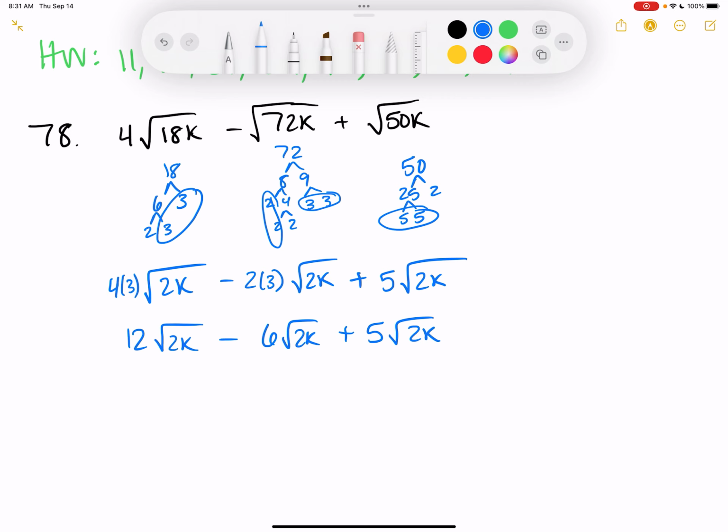So this will be 11 square root of 2k for my final answer. Any questions on that? I know it's kind of a lot for something that should be relatively simple, just adding and subtracting.